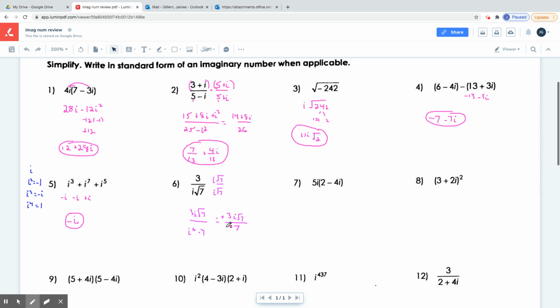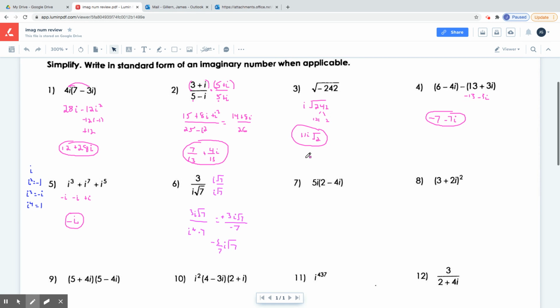I already moved the negative up, so just keep the negative there. You can leave it like that, or you can write it as negative 3/7 i root 7. Both of these would be appropriate answers, and I'd be okay with either of those.